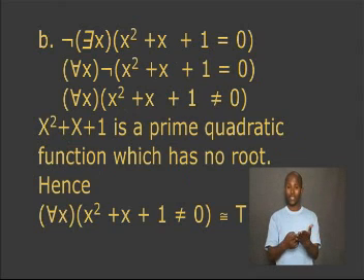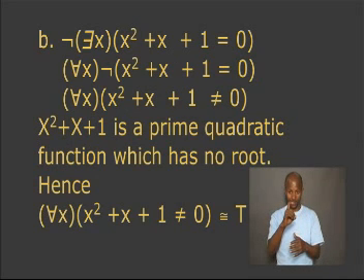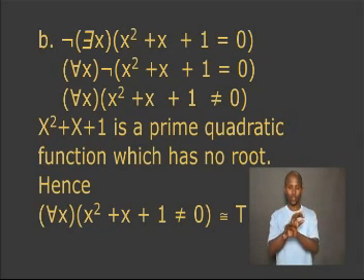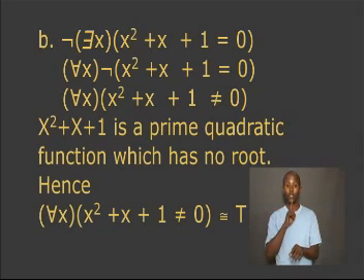Here is the negation of statement B. For all x, x squared plus x plus 1 cannot equal 0. X squared plus x plus 1 is a prime quadratic function which has no root, so the truth value of this statement is T.